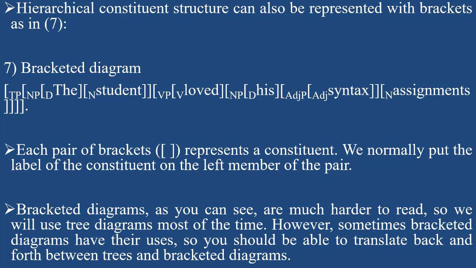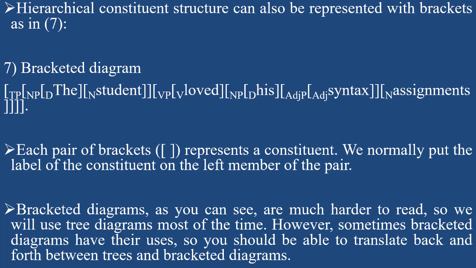So we have TP, the first bracket, the big one, and then that TP has the last bracket in the sentence. And then we have NP, in which we have the student, and then we have VP, in which we have loved his syntax assignments. In this VP we have NP, his syntax assignment.